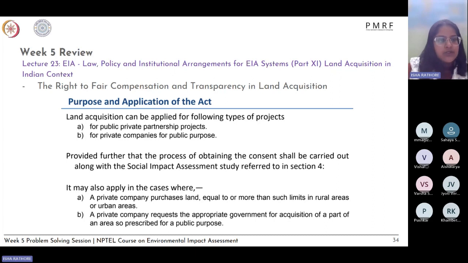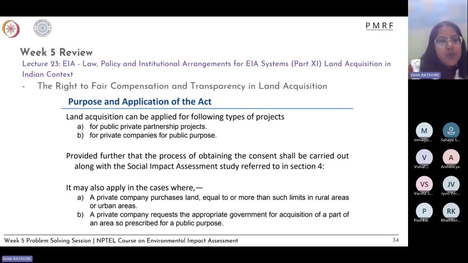So that is how the PPP development occurs. The government does not give a lot of money for the development, but that infrastructure is developed and maintained by the private entity for a certain time period, and it gets the revenues out of running it for a certain number of years.